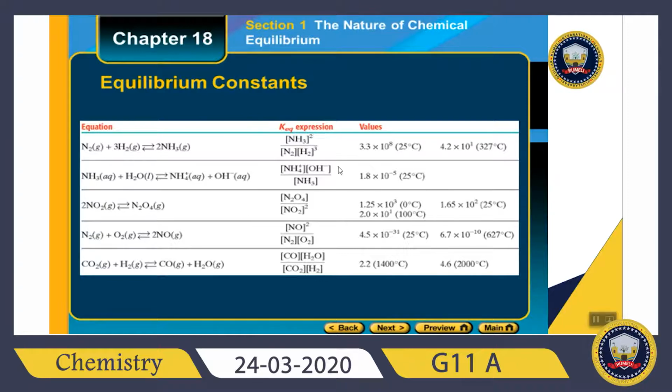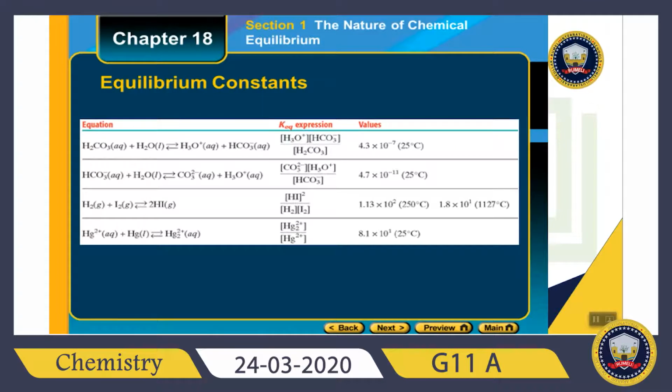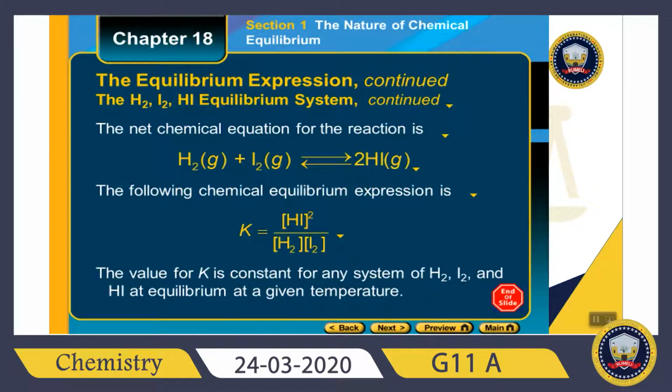Here are some calculations. You should review these calculations. This is another equilibrium constant, K equals the concentration of HI power 2. Why power 2? Because you have here coefficient 2.